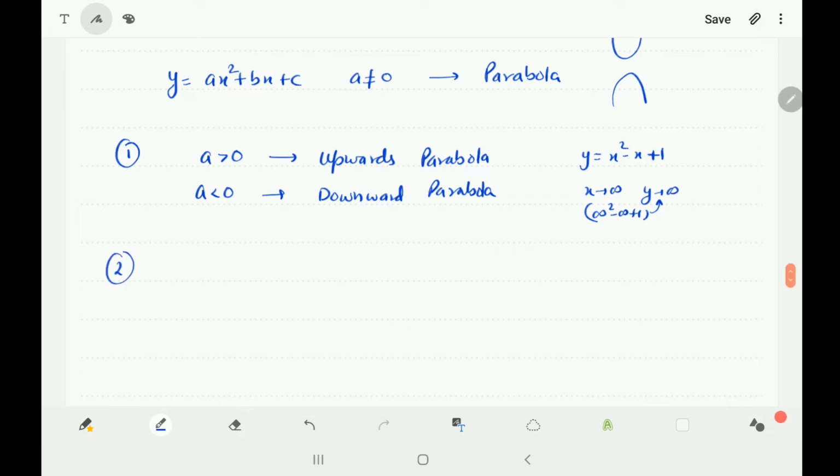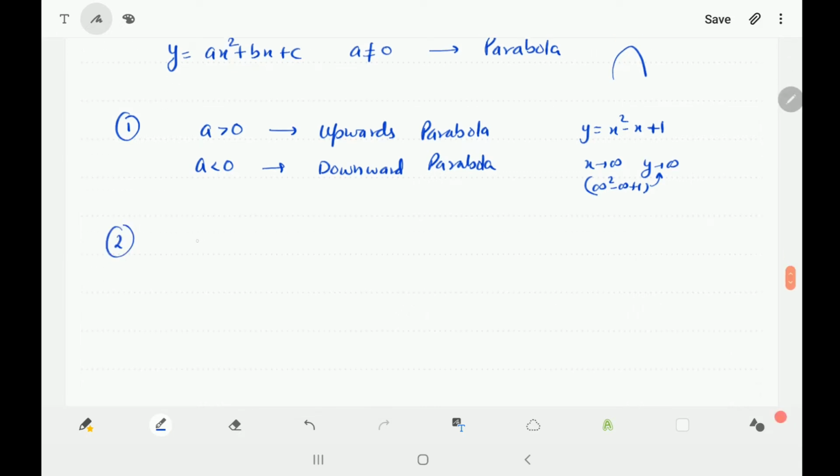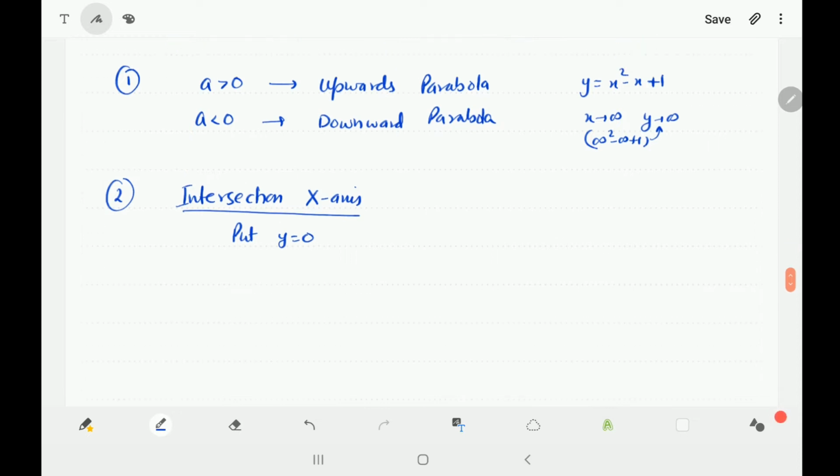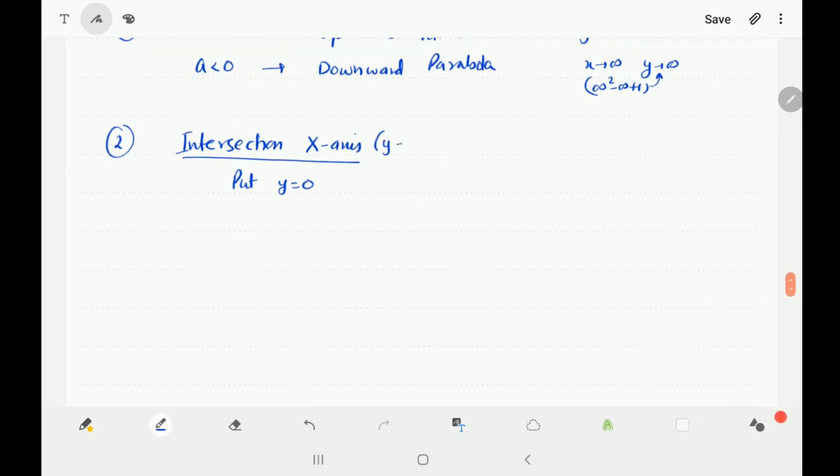Now the next point you need to check is intersection with x-axis, where the parabola is intersecting the x-axis. For that, you have to put y is equal to 0. Why? Because the equation of x-axis is y is equal to 0. So in the quadratic polynomial, if you put y is equal to 0, you will get ax square plus bx plus c is equal to 0.